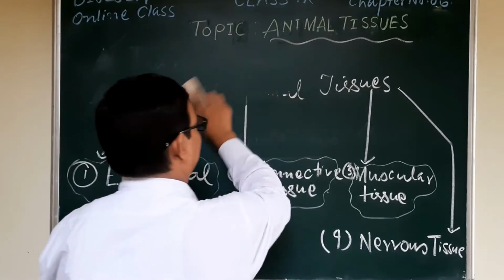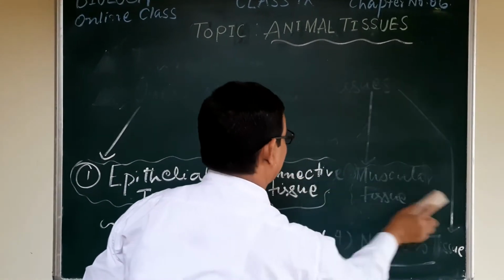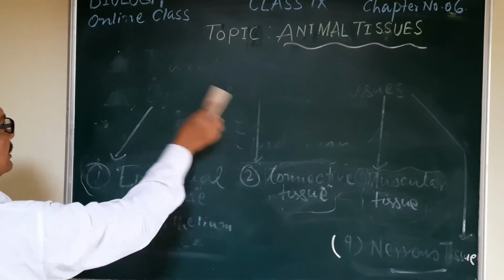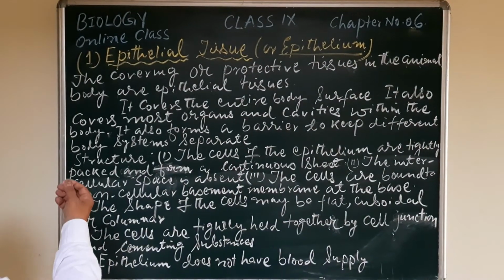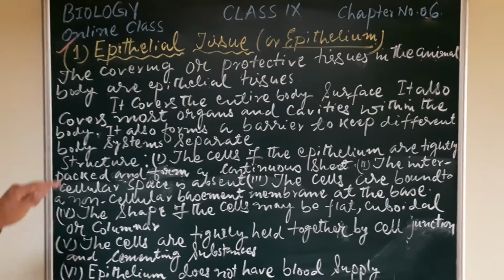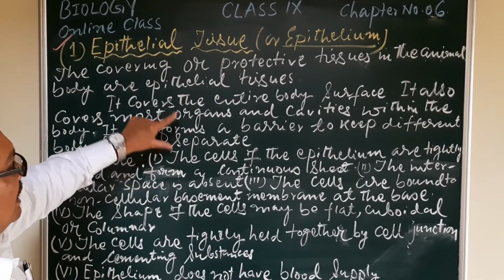Now we will start the first one, that is the epithelial tissue or the epithelium. Here the first one is the epithelial tissue, and some special features are here.